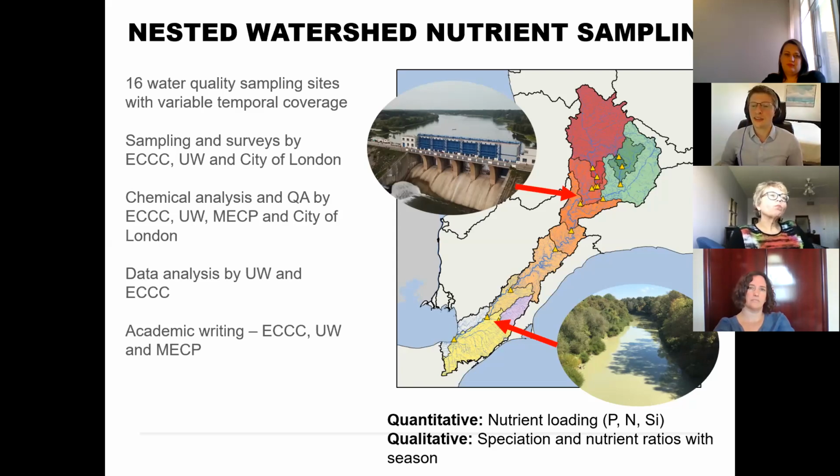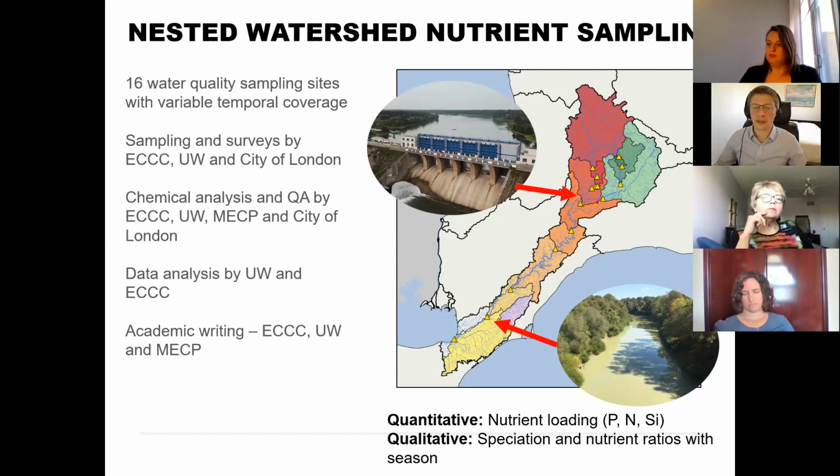And then sampling was conducted, and analysis was conducted by various different organizations. So the sampling was conducted by Environment Canada, University of Waterloo, City of London, and then various different analyses were sent to different labs. So figuring out the competencies and the availability of different partners. Then all of the data analysis was then done at the University of Waterloo and now in Environment Canada.